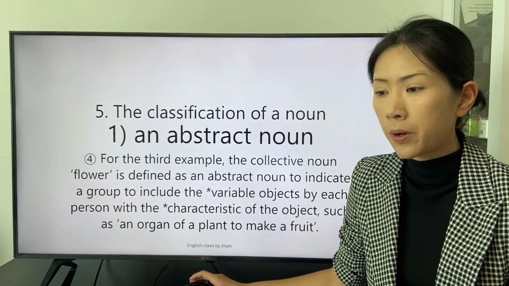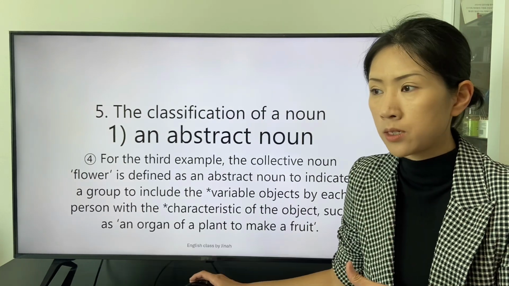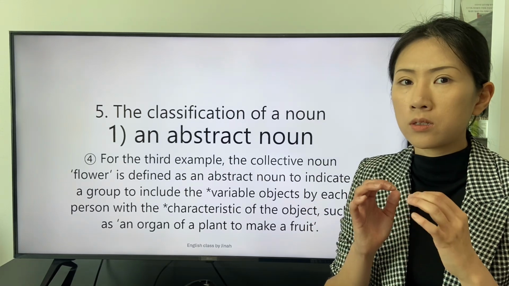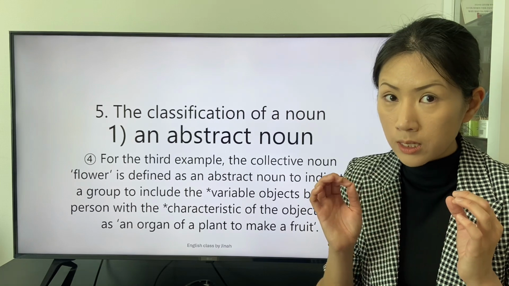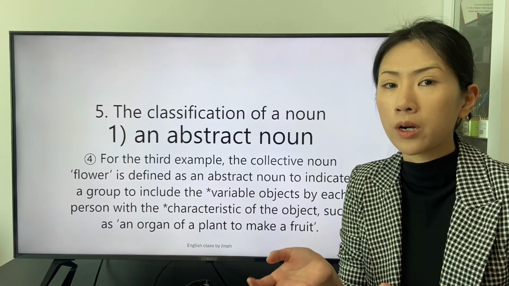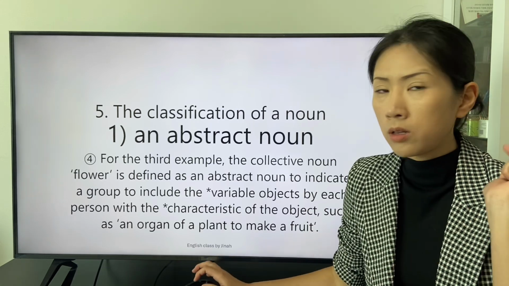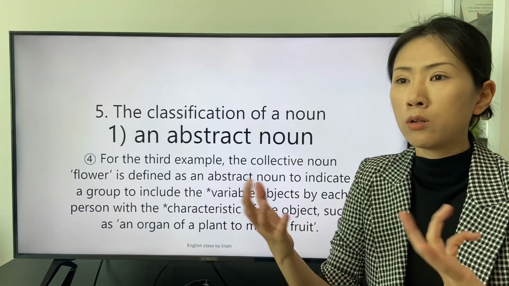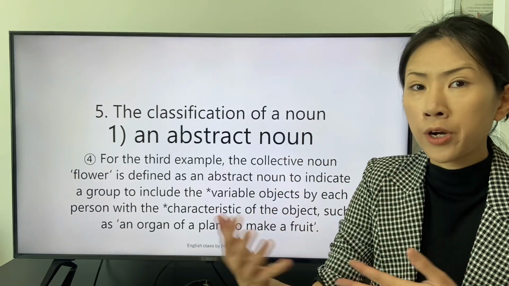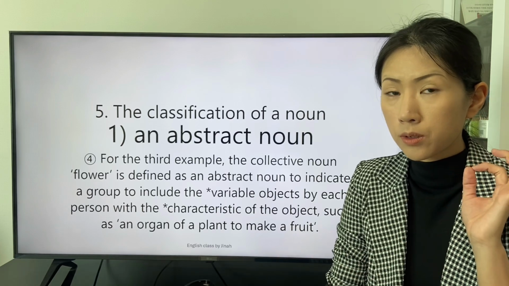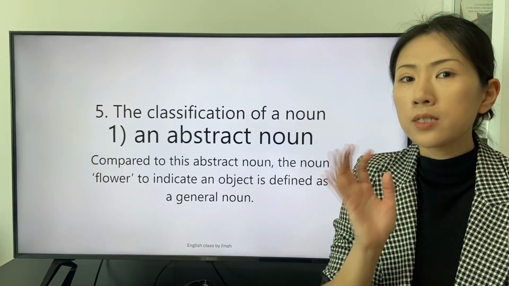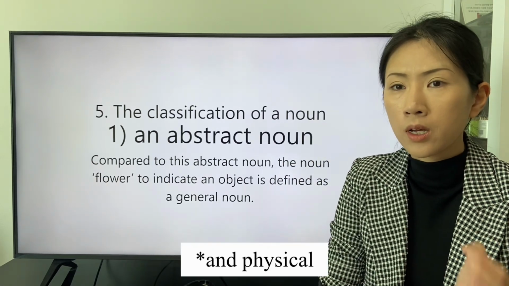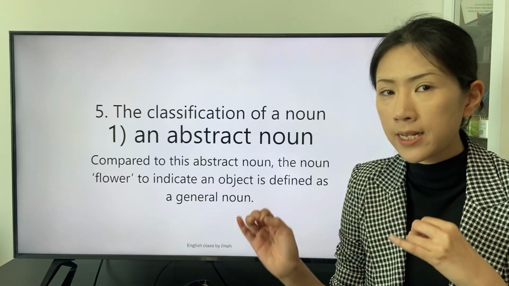A person can define flower with a rose or lily, and the other person can define the noun flower with a rose, a lily, and a dandelion. Each definition on the noun flower is accepted, but the same noun flower to indicate an object which is visible is not defined as an abstract noun.